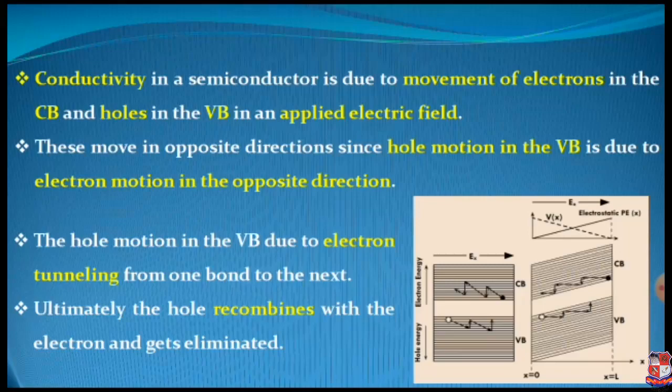For P-type semiconductors, we have the majority charge carriers as holes and minority charge carriers as electrons. Similarly, for N-type semiconductors, we have majority charge carriers as electrons and minority charge carriers as holes.